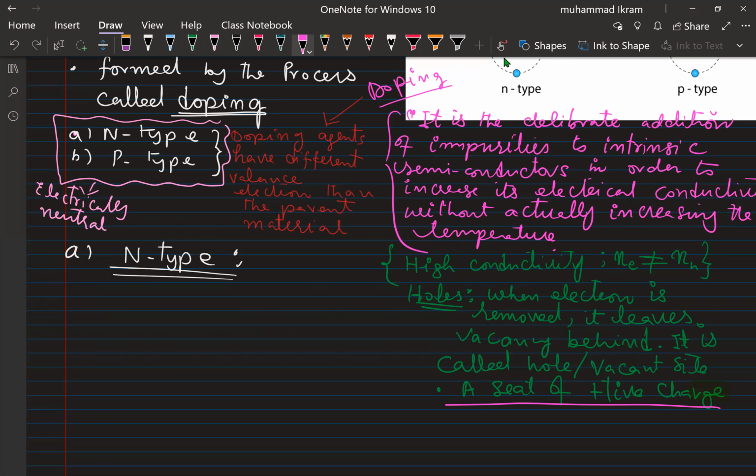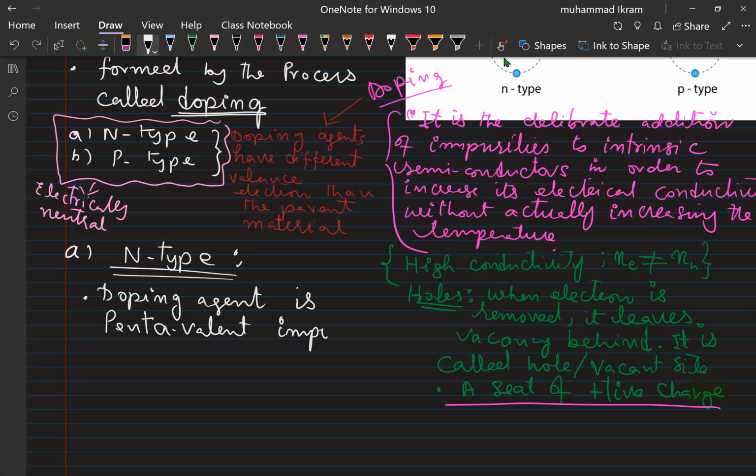Now, let me explain that for the N-type material, the doping agent is a pentavalent impurity.